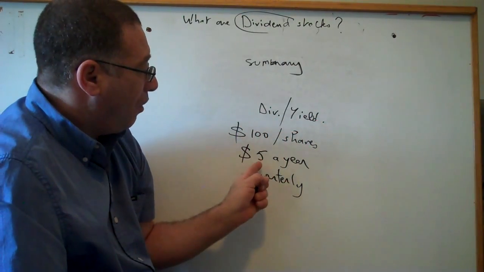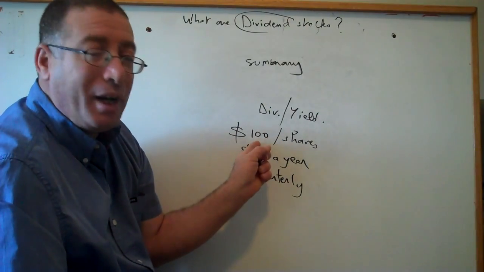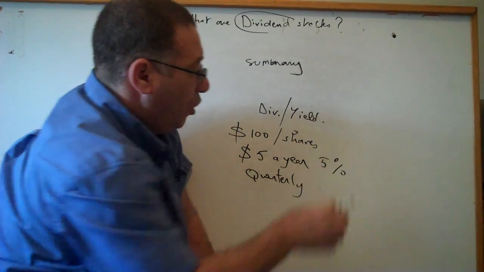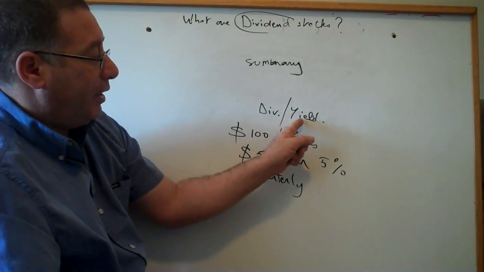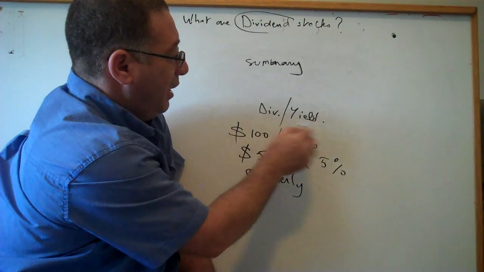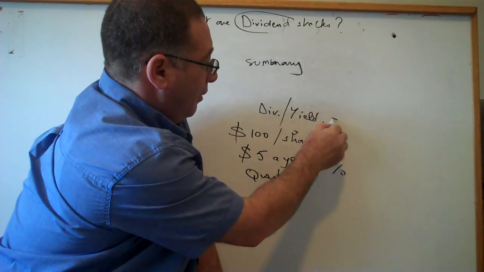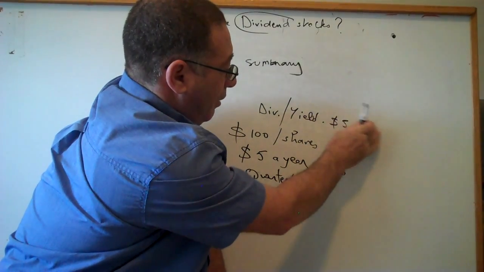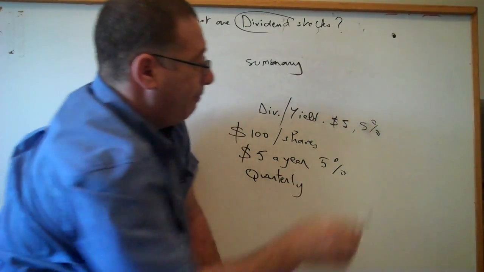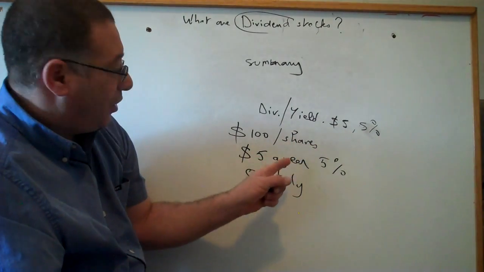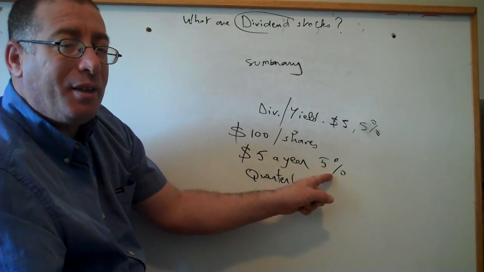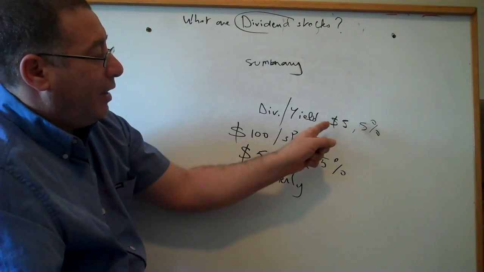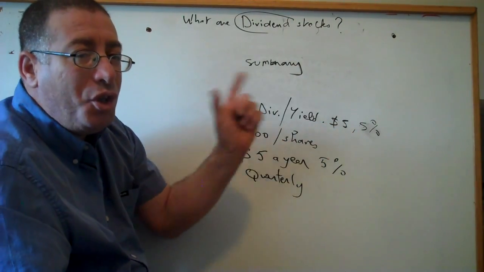So $5 out of 100 is 5%. So you find dividend $5 and yield 5%. It means 5% of the 100 is $5, and they give you $5 a year.